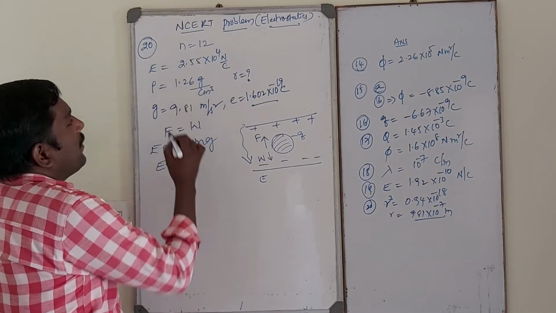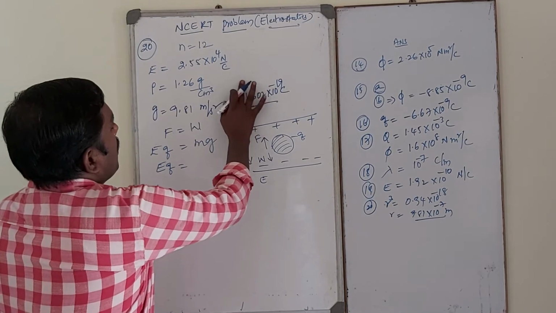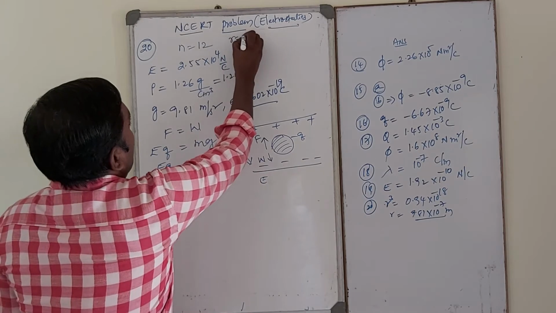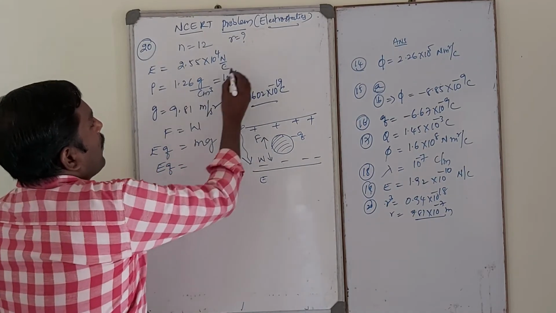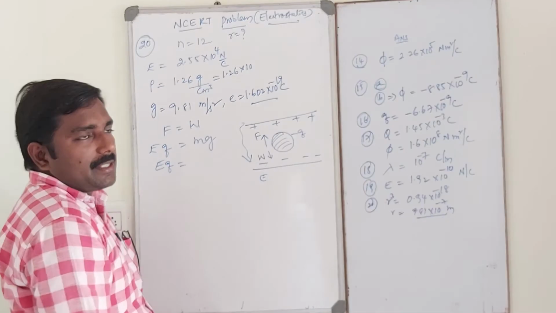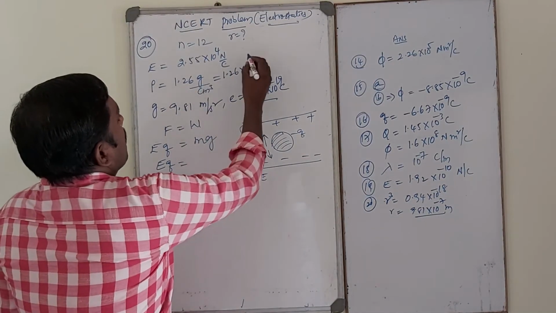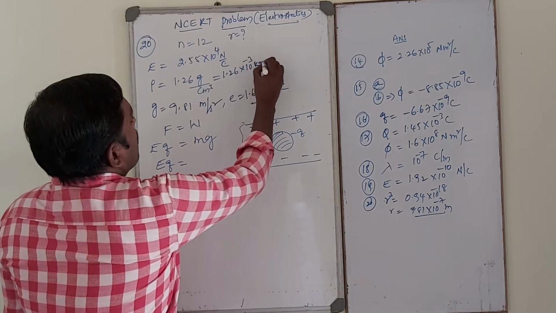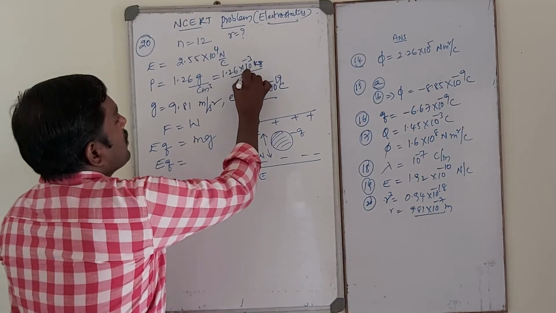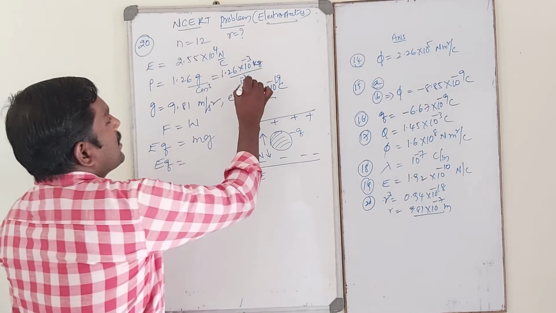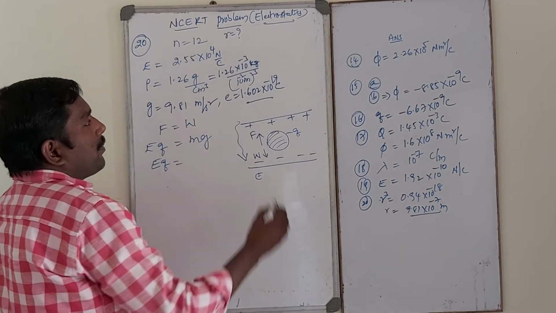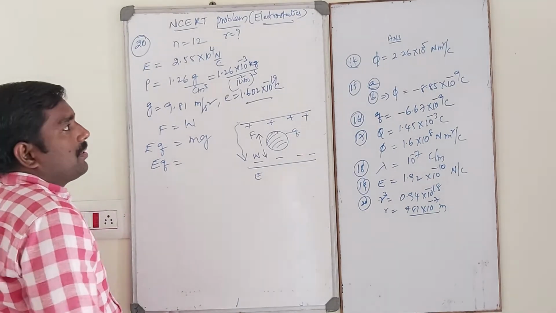See, the density is already given, students. The density is 1.26, and we have to calculate the radius of the drop. 1 gram, how many kilograms? This is the CGS system, students, so convert into the SI system. 1 gram is 10 power minus 3 kilograms, divided by centimeter cube. 1 centimeter is equal to 10 power minus 2 meters, whole cube, which is 10 power minus 6.